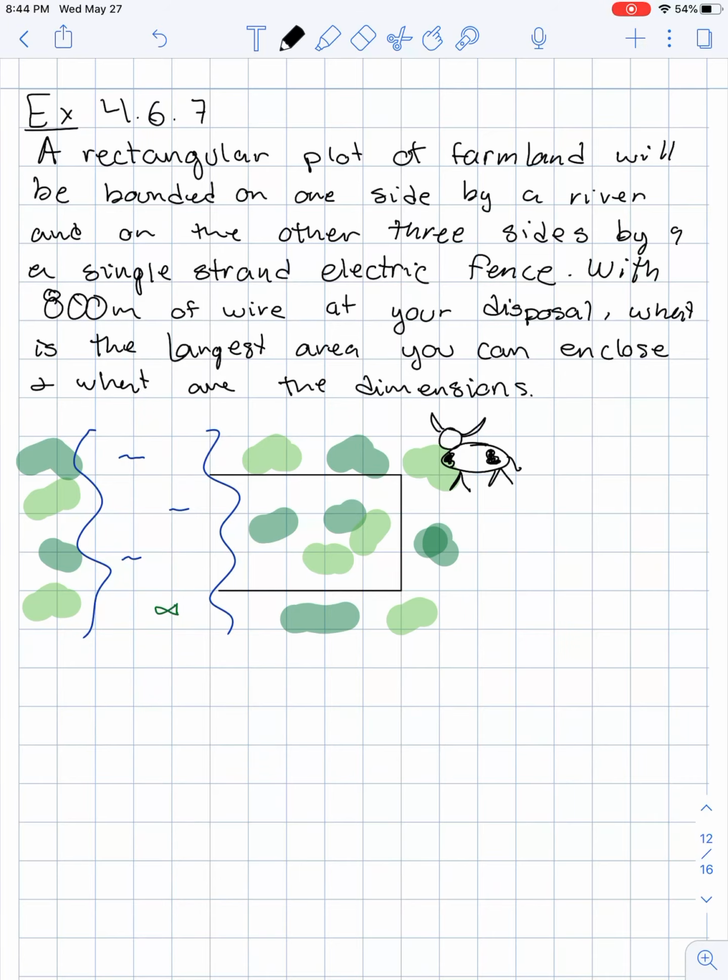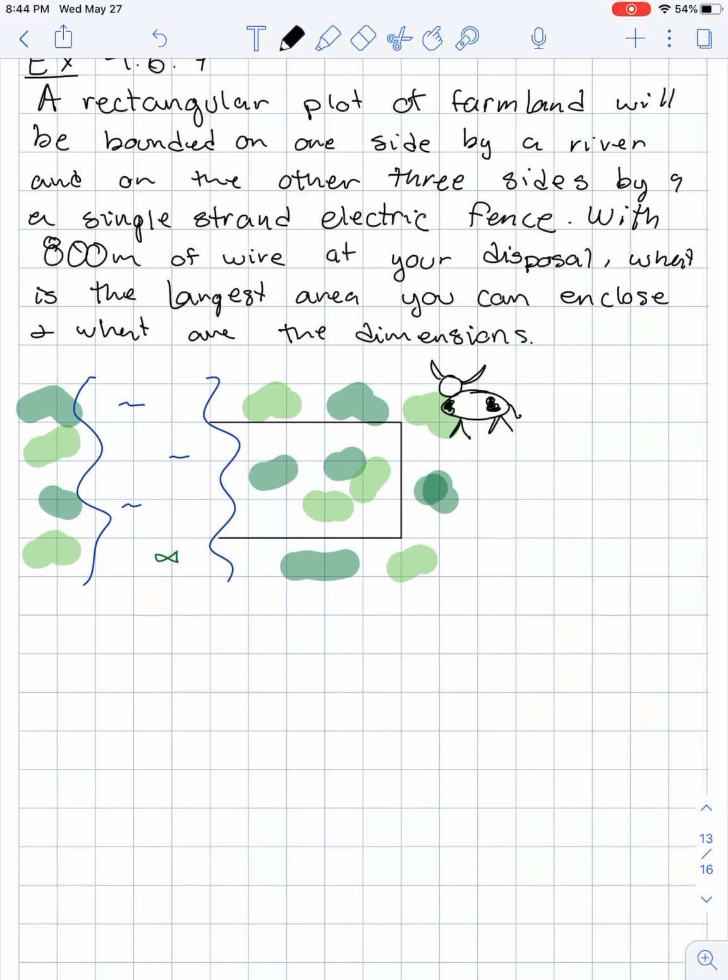And that wire is going to go around this rectangular field. So that means that's the perimeter. So we're given that the perimeter is going to add up to 800 meters. And we want max area and its dimensions.